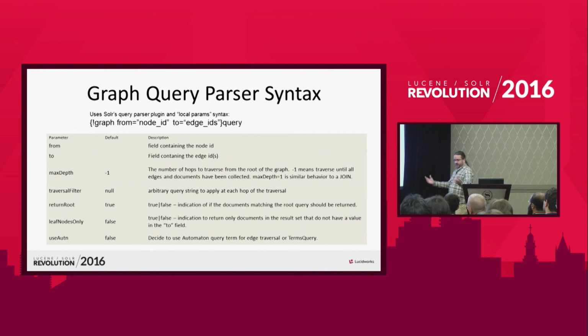So you identify a universe of documents that you're interested in, and you specify which field represents the node ID, and what field has the single or multiple values that point to other documents in the index. That's the from and the to.